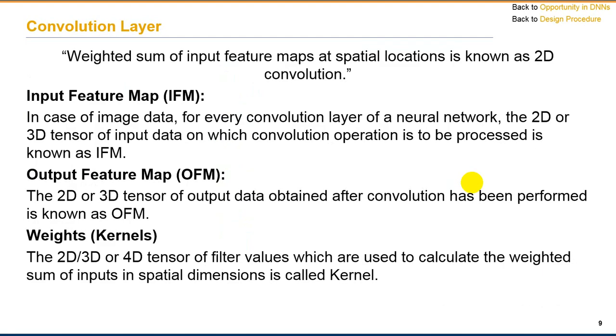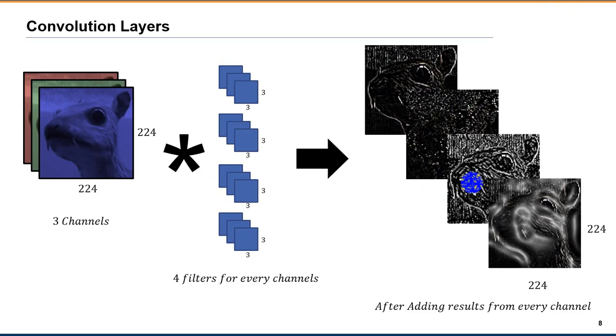So a convolution layer is just a weighted sum of input feature maps. A convolution layer consists of input feature maps, and they are convolved with some sort of filters, and every filter will give us a single output after channel-wise addition of the corresponding 2D convolutions.